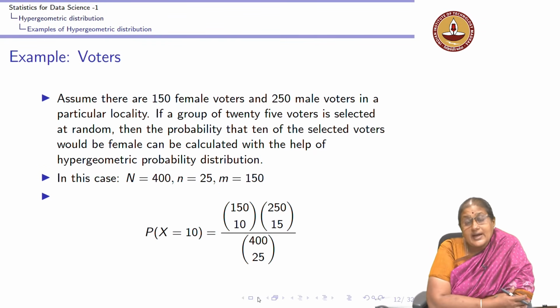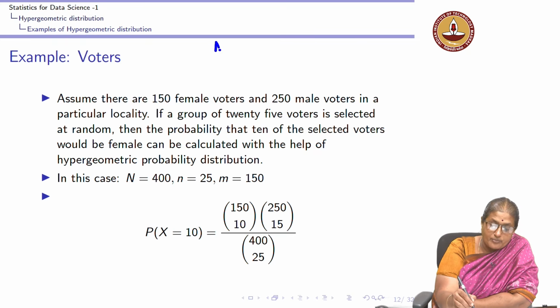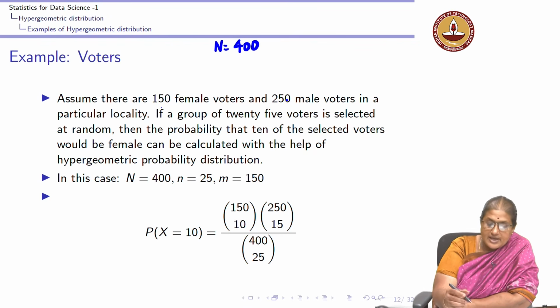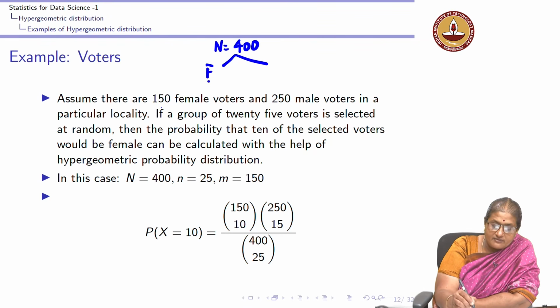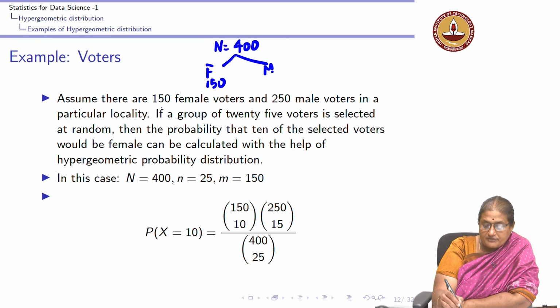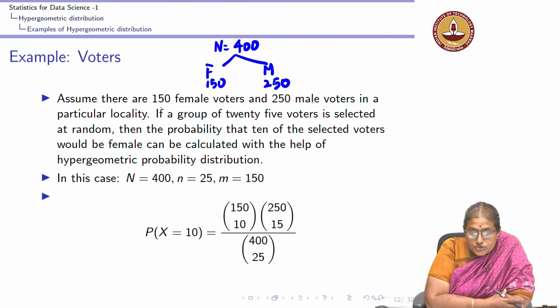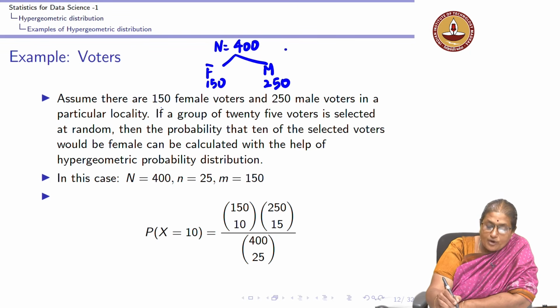Now, let us look at another situation. For example, if I am looking at a population in a particular locality which has 150 female voters and 250 male voters. Again, my population size here is 400, which is just the sum of M and N minus M. Again, I have female which is 150, I have male which is 250, and I am choosing a group of 25.